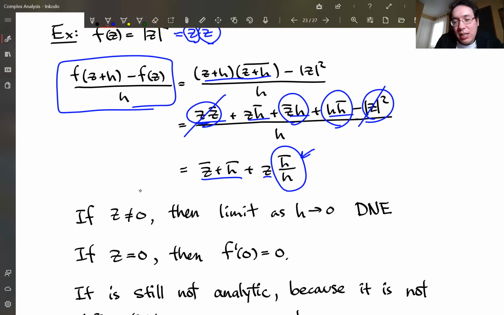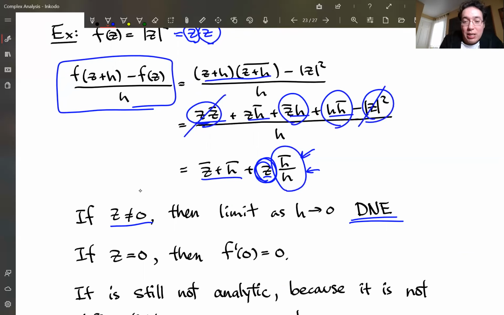This thing is suspect, right? Like when we had the complex conjugate, if we're approaching from the imaginary axis and the real axis, those are going to have different limits. So when z is not equal to 0, I'm multiplying by z here. You could make this part approach 1, or you could make that part approach -1, depending on the real and imaginary axis. This thing does not have a limit if we stay away from 0.